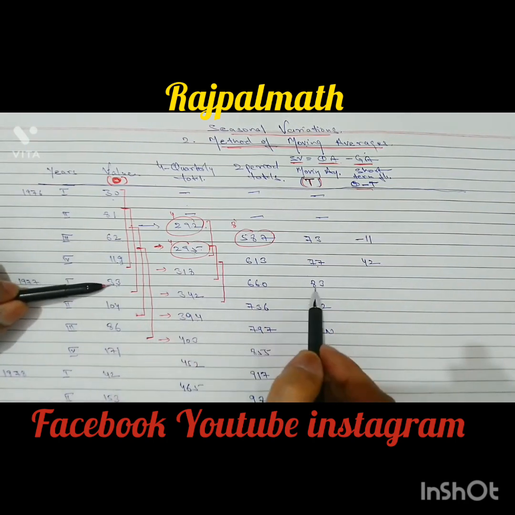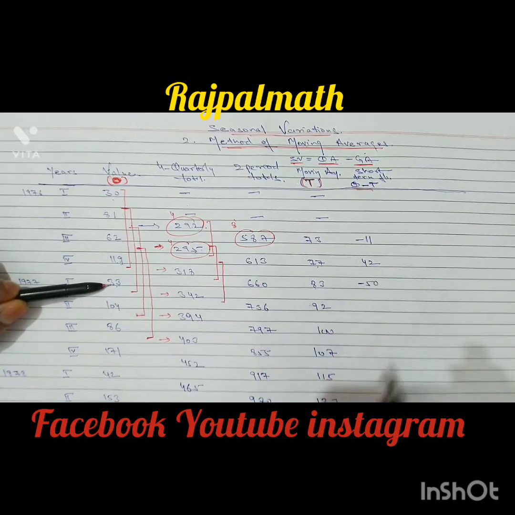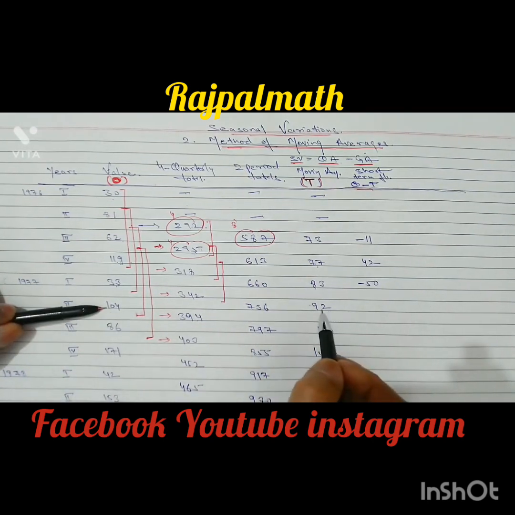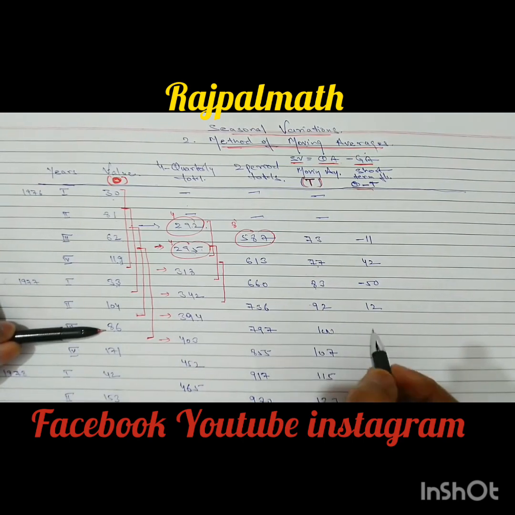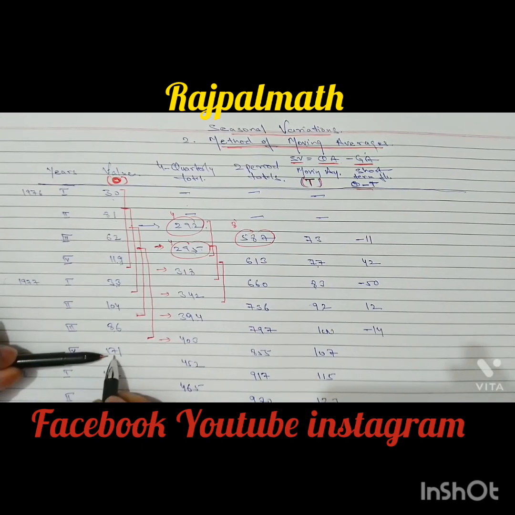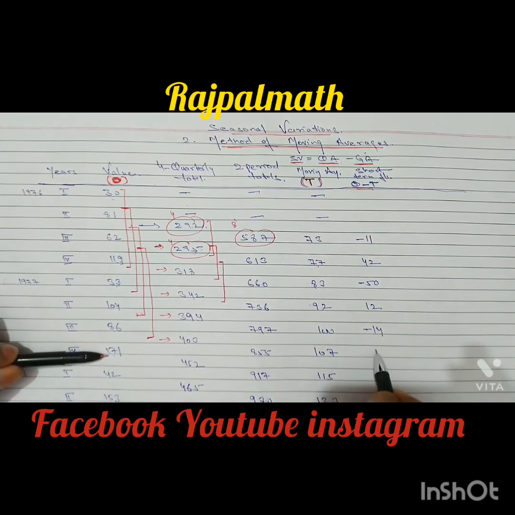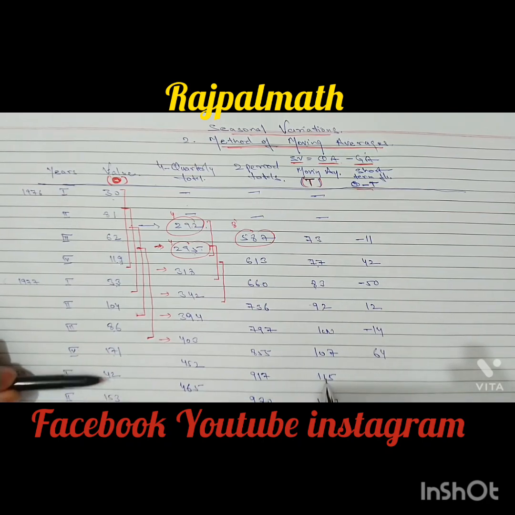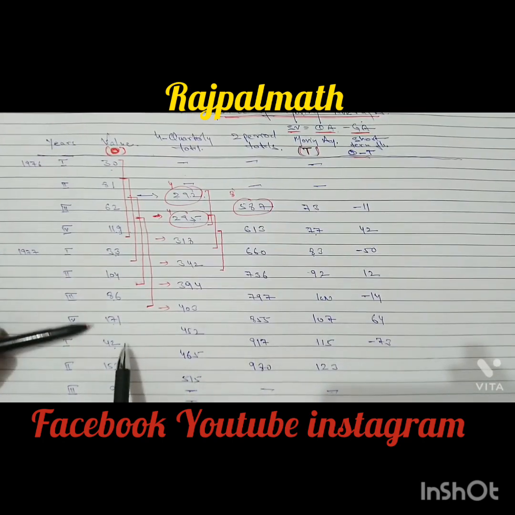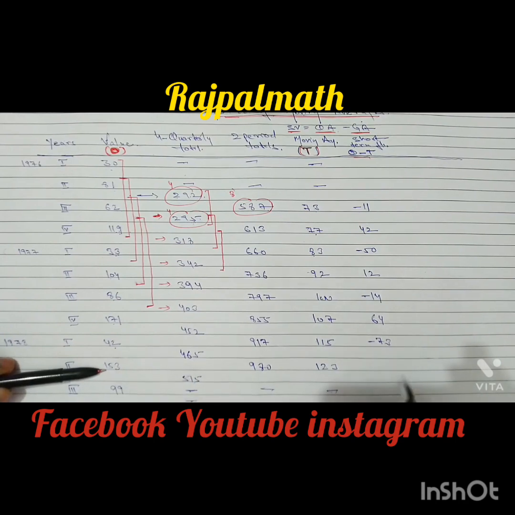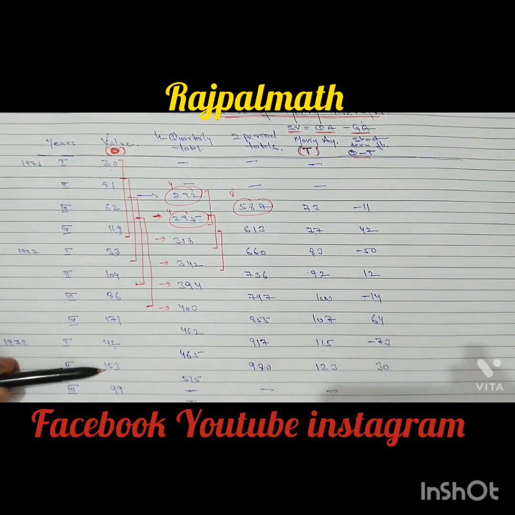Then 33 minus 83, minus 50. 104 minus 92, 12. 86 minus 100, minus 14. 177 minus 107, 64. 42 minus 115, minus 73. Then for next, 153 minus 123, 30.